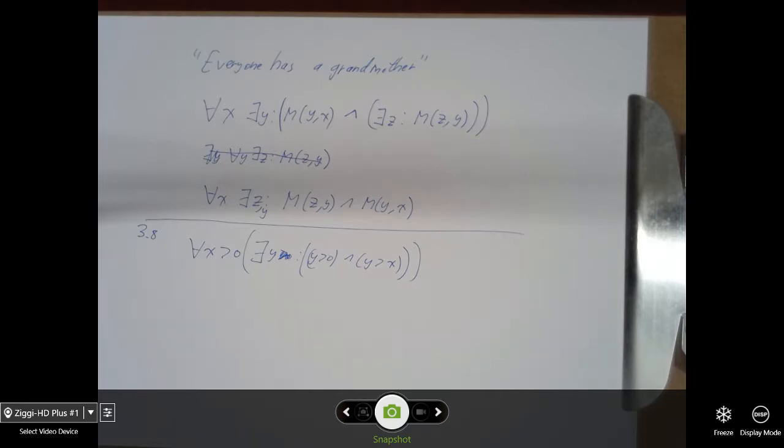Is that a true proposition? Yeah. For any positive integer, there's always a bigger positive integer. This is one of the cool things about integers. Is infinity an integer? No. Is it a number at all? It's a concept.